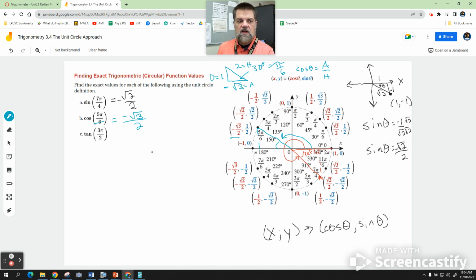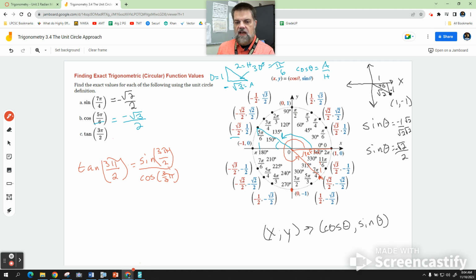Now, tangent's a little trickier. You've got to remember that tangent of 3 pi over 2 is the same as sine of 3 pi over 2 all over cosine of 3 pi over 2. All right, so 3 pi over 2 is 270 right here.